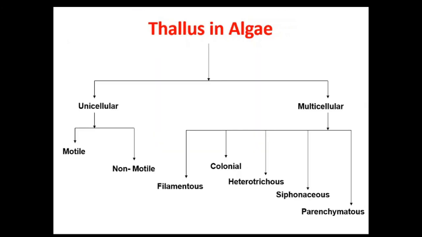So friends, this is all about the range of thallus structure in algae. We have commented on the thalli in unicellular forms as well as multicellular forms. In unicellular forms, we get either motile or non-motile thalli, and in multicellular forms, we get filamentous, colonial, heterotrichous, siphonaceous or parenchymatous thalli.